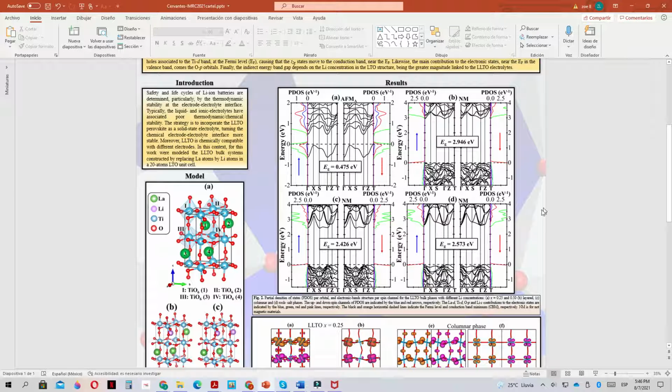For x equals 0.5, the indirect energy band gap increases by 135, 94, and 106 percent for layered, columnar, and rocksalt phases, respectively. Therefore, they are insulating materials.